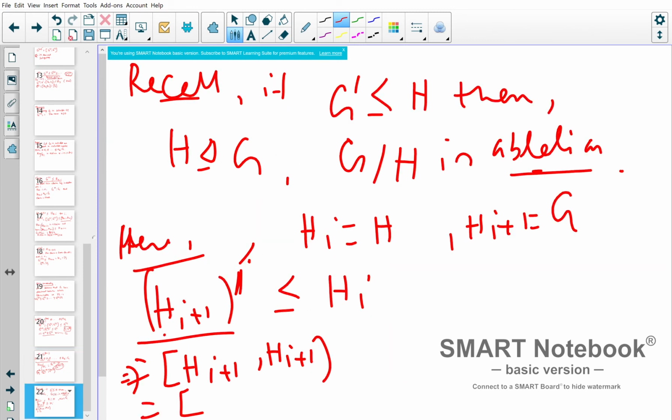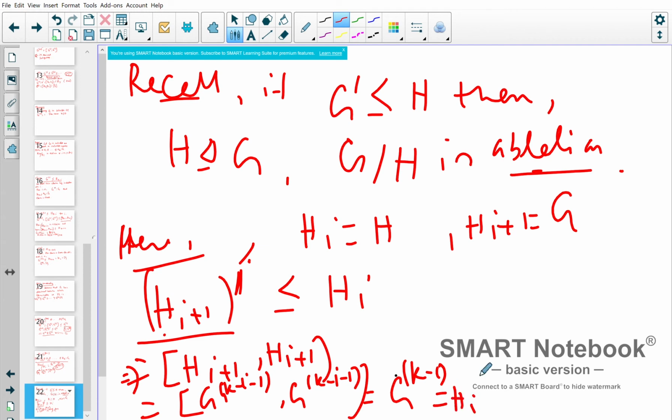So this is Gk minus i minus 1, and hence this is nothing but Gk minus i, right? So this portion is Gk minus i, which is actually Hi. So what does that mean? That means the derived subgroup is actually the same, sitting inside this.